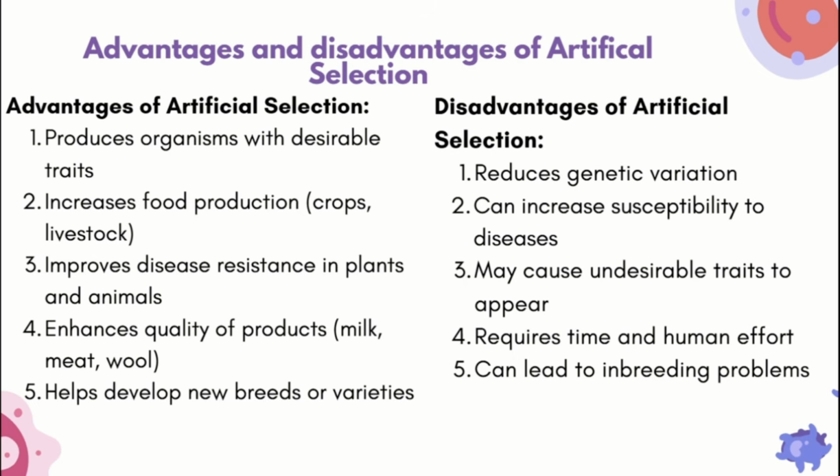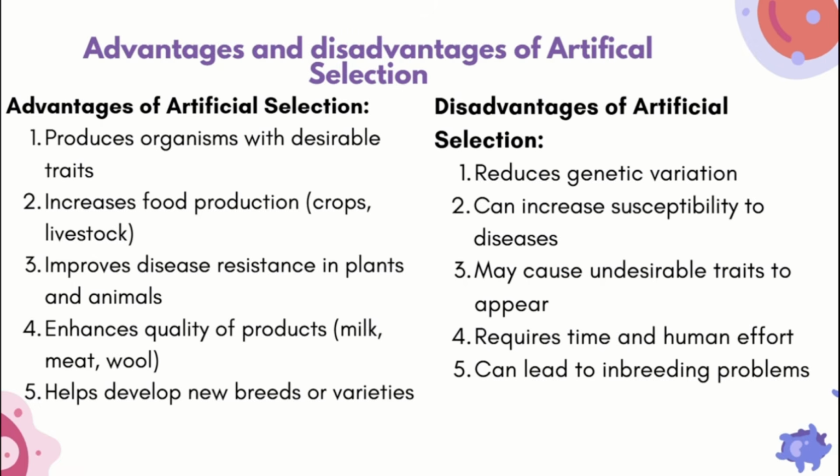So basically, that's what this means right here. We can improve disease resistance. It can also enhance the quality of products, and all of this is basically us editing. We're tampering for the better, if you get what I mean. It also helps develop new breeds or varieties.